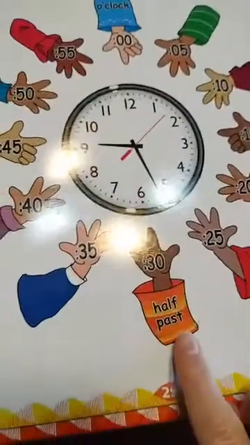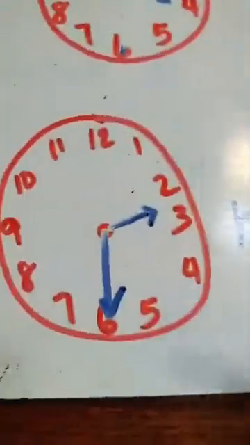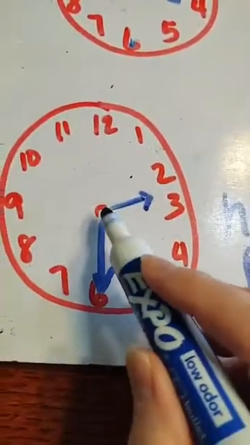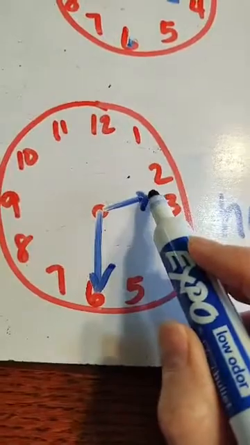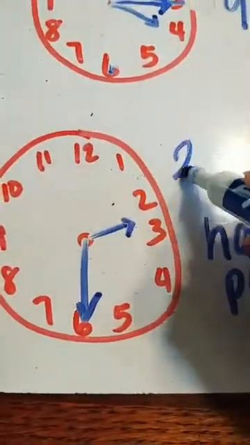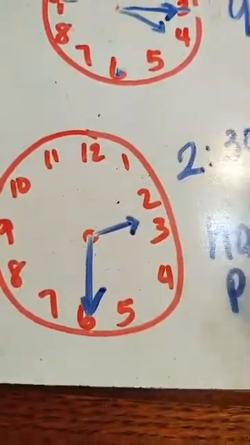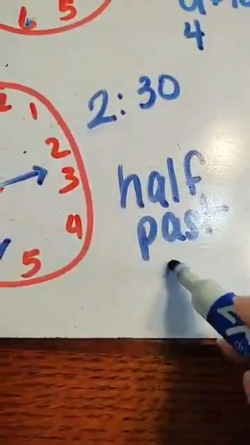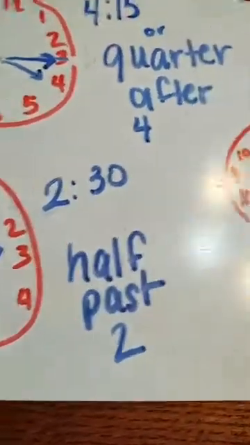And we can see on our clock over here, half past is 30 minutes. If we were going to read this time, we can see that our hour hand is halfway between the 2 and the 3. That means we go back to the 2 for our hour. So it's 2, and we said it's 30 minutes, or it's half past 2. Either way works to say.